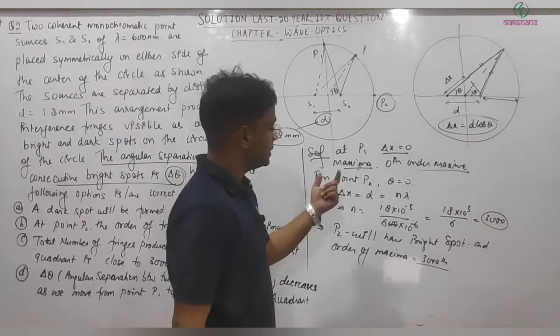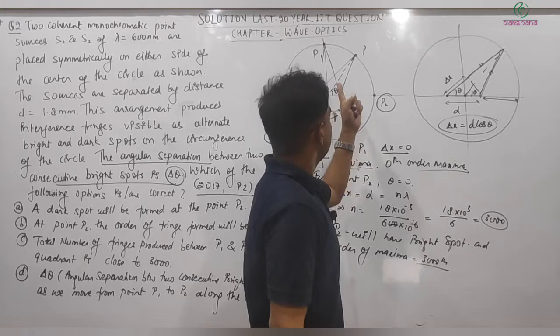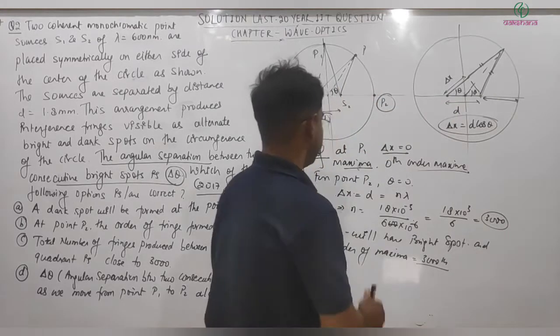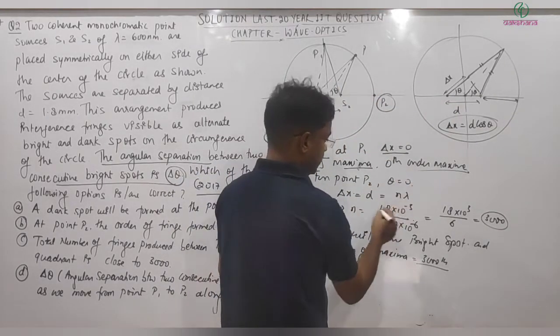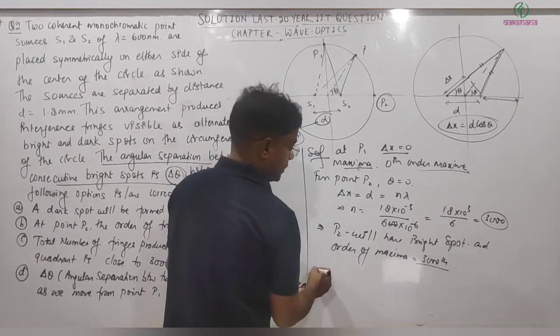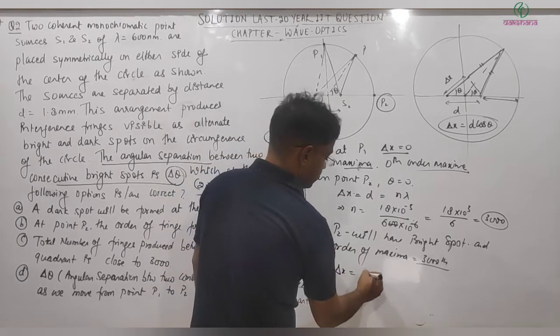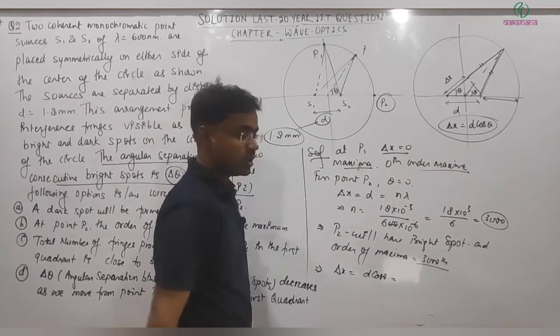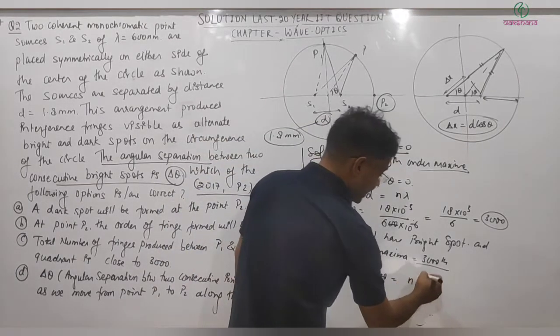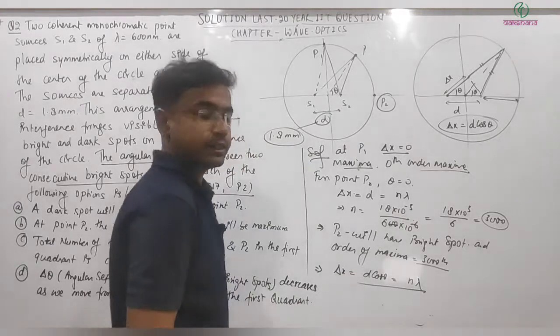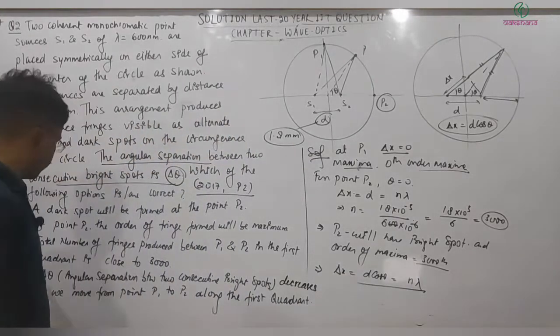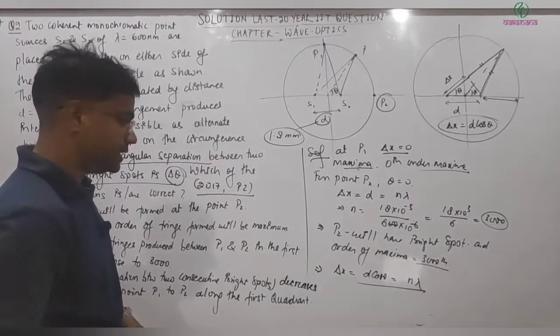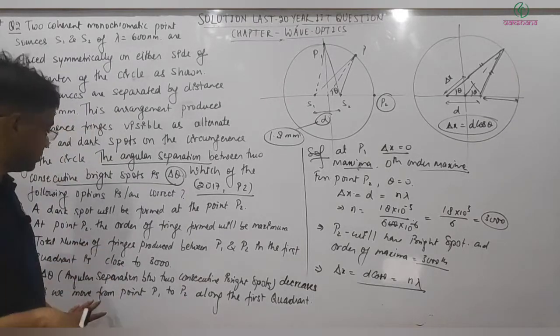Another thing we can see here: for a general point, delta x is equal to d cos theta. For a bright spot, this should be equal to n lambda. And we need to check delta theta, so let me come to that point.